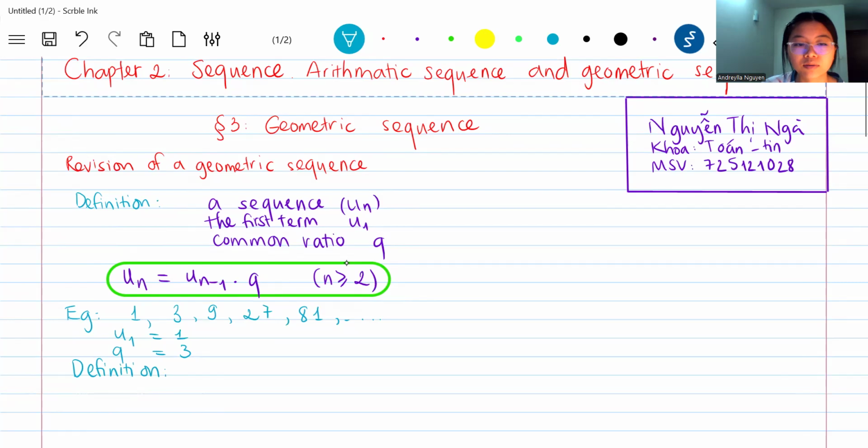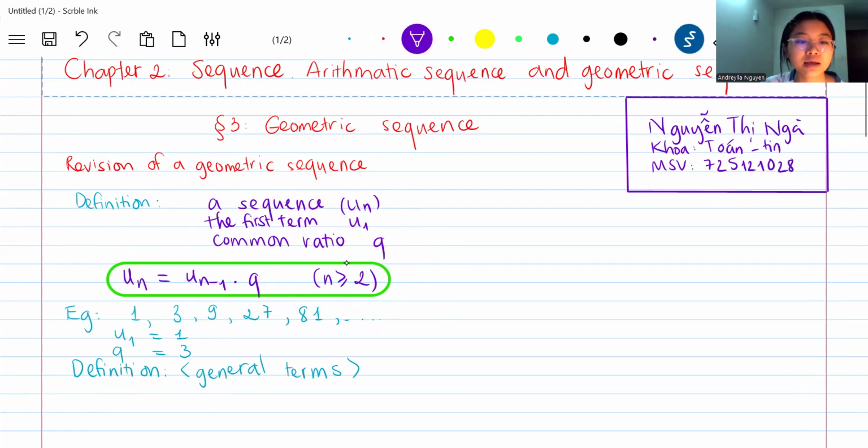When I have a geometric sequence like this, I can find the general formula to express an arbitrary term in this sequence in terms of U1 and q.